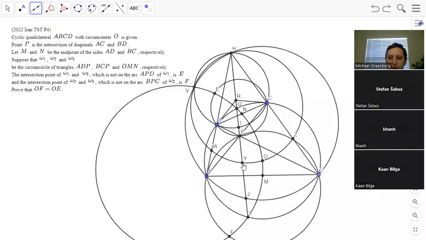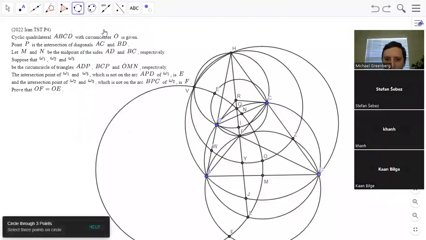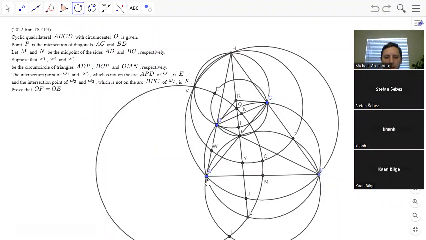I think by the radical axis theorem, since this is cyclic right here, and let's see, actually maybe it's not that obvious. Oh, AYOD is cyclic.